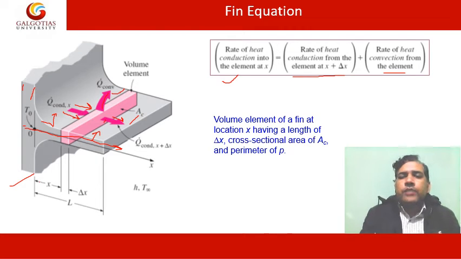So heat will be leaving this elemental volume by conduction as well as by convection. This is by convection, where A is the area of cross section, and P is one more parameter, called the perimeter. Perimeter will be another important parameter that we will be using in this analysis.